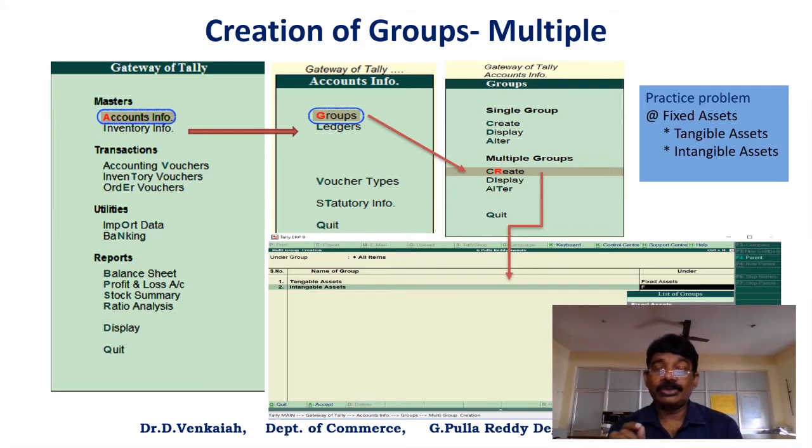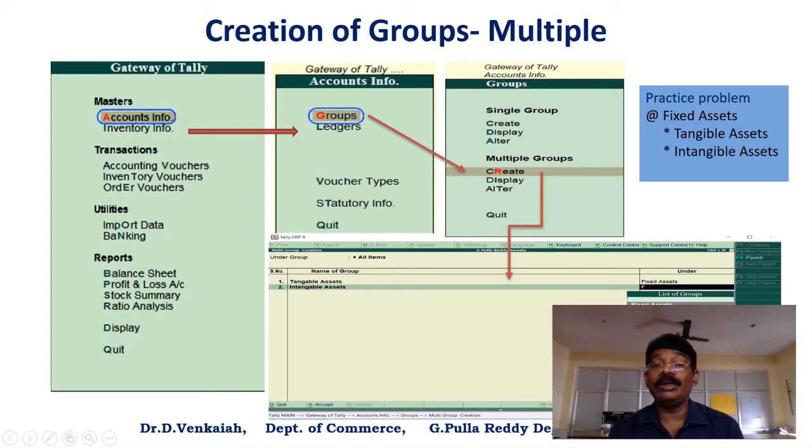Under the bank accounts group, I have 3 bank accounts. In 3 banks I am maintaining bank accounts. So now I want to select bank accounts under the group. I have to create subgroups called State Bank of India, Punjab National Bank and Union Bank of India. Like that I have to create.